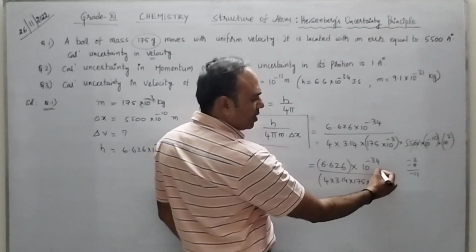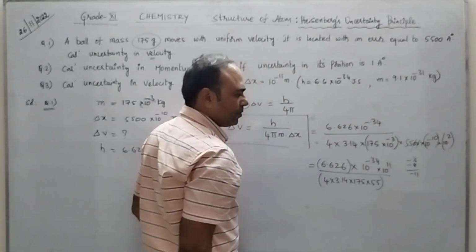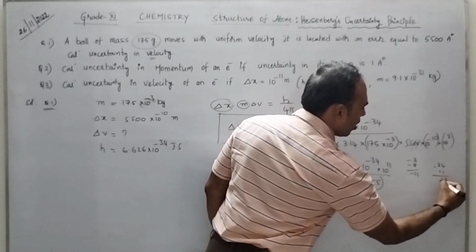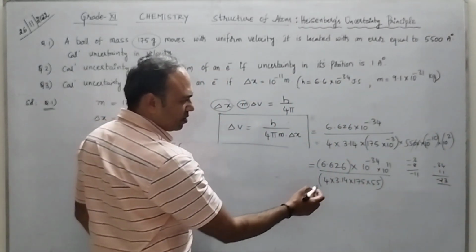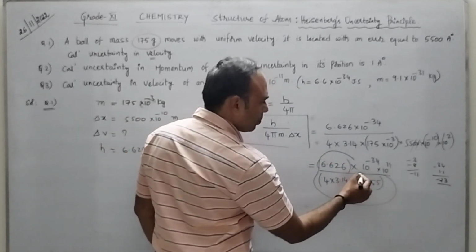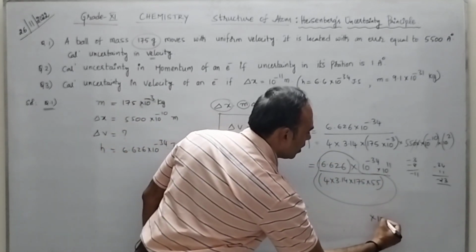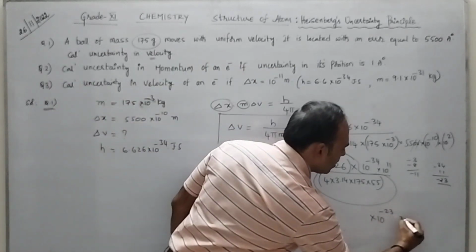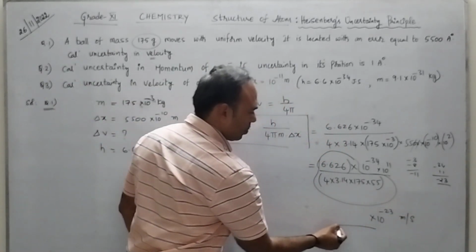If it comes to the numerator, we get into 10 to the power of plus 11. So 34 and 11 we get minus 23. So hence this whole thing into 10 to the power of minus 23, and the units we can say meter per second.